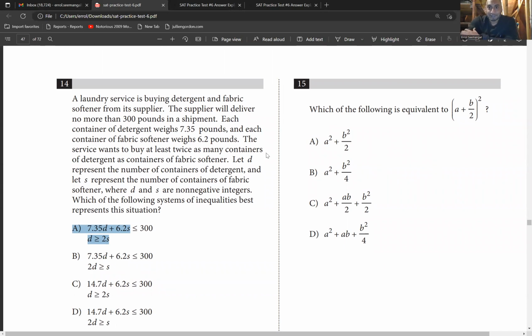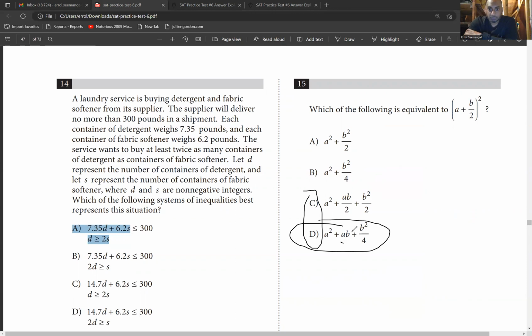All right, 15. Which of the following is equivalent to that? Which one? B. Oh wait, no, it's one of these two. What's the middle term? We know the first term is A squared. We know the last term is B squared over 4. Yes, exactly. So it's got to be this one.